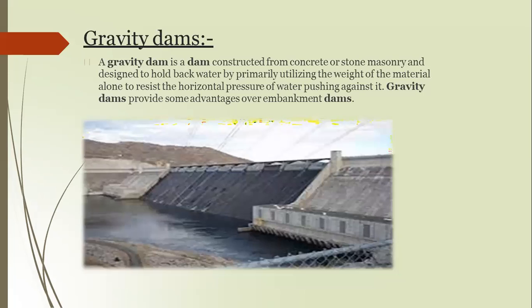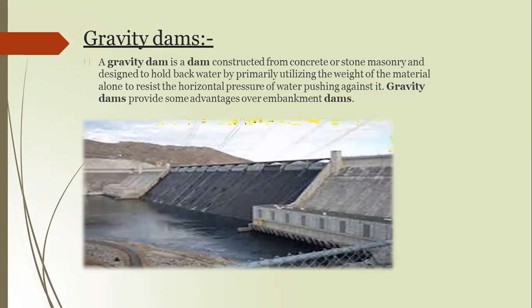The stone masonry or concrete structure we use for the construction of the dam has a self weight, and that self weight is designed to hold back the water, primarily utilizing the weight of the material alone. This is the main concept behind the gravity dam: the weight of the dam wall alone resists the horizontal water pressure because of its self weight.